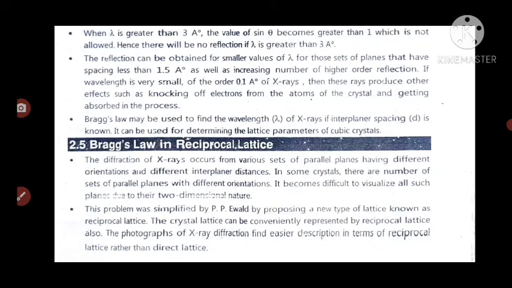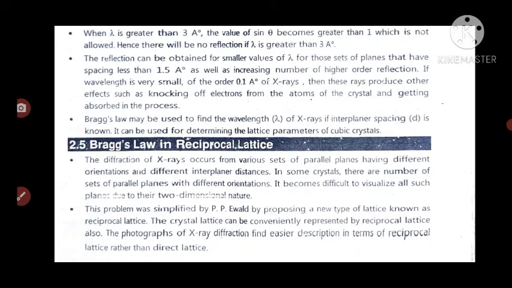This is a very important point: lambda greater than 3 angstrom unit is not allowed, and hence there will be no reflection if lambda is greater than 3 angstrom unit. That is the main condition.